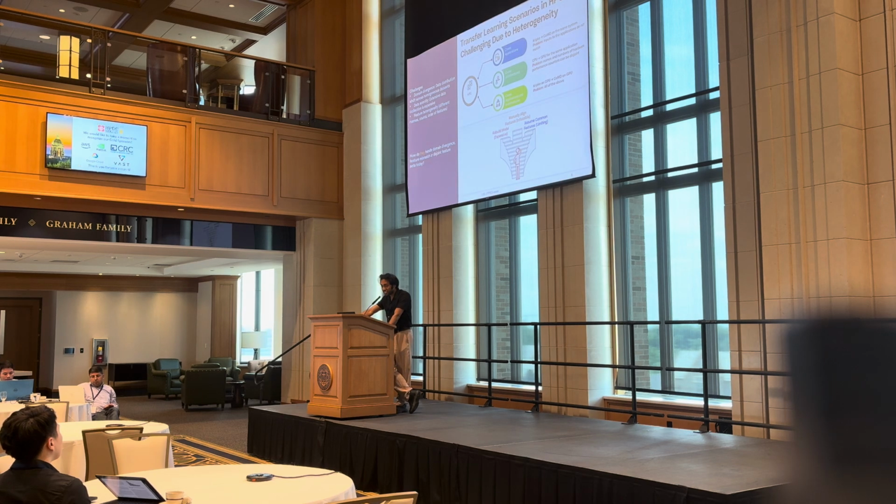So heterogeneous transfer learning in HPC can occur in three broad categories. Let's say we are interested in performance modeling, and we want to predict the performance of one application using another application's data collected on the same system. There can be heterogeneity, and we name that the cross-application scenario.